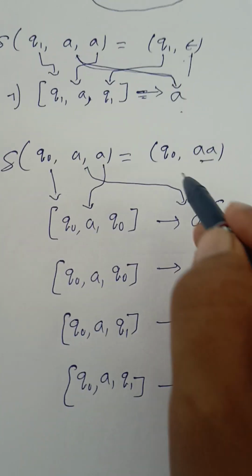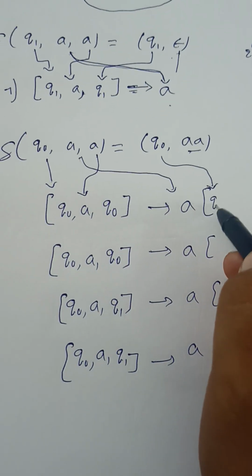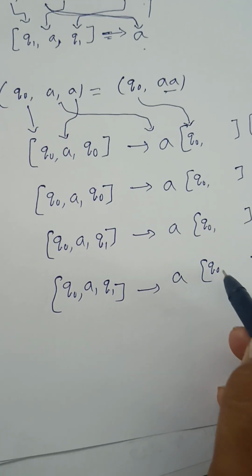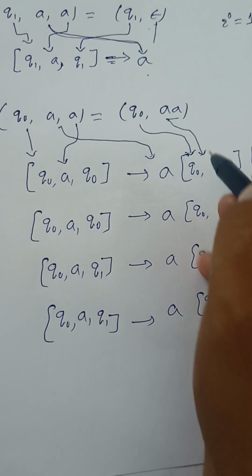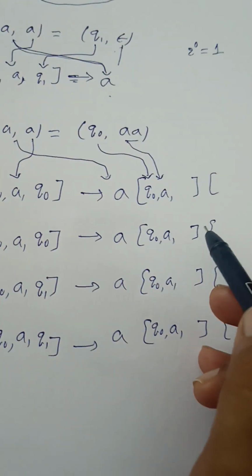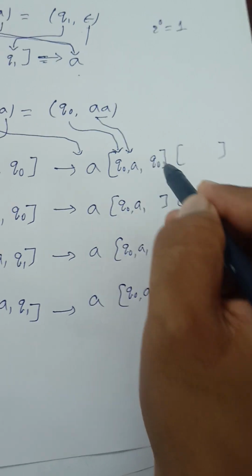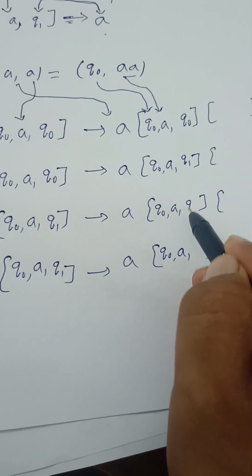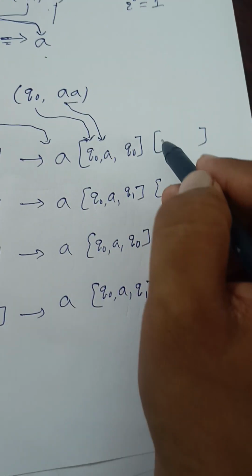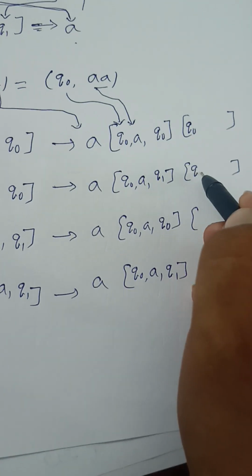Okay, so here we will simply write q naught, q naught, q naught, q naught. First character small a, small a, small a, small a. Okay, what is the third field here? Here we have two states, q naught, q1. Simply consider. So whatever we write here, here also we will mention the same state.